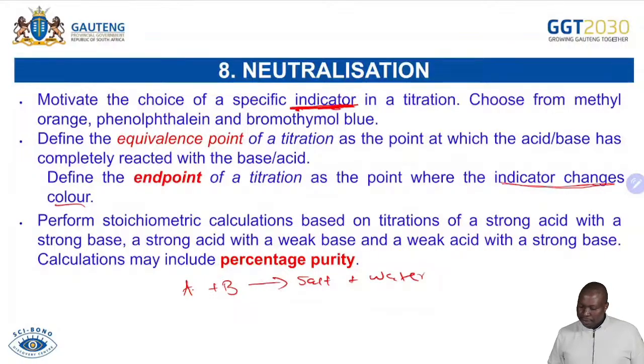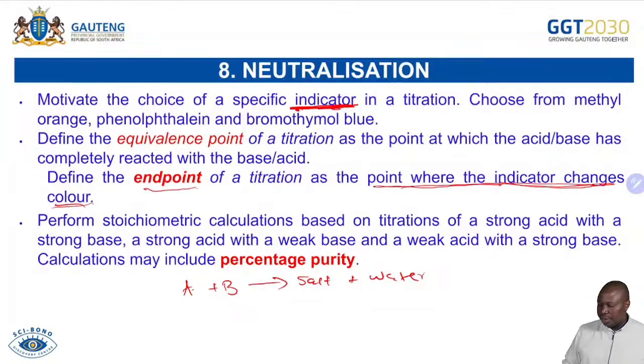When you reach the end point, immediately when you are titrating an acid with a base, the color changes because you will have put the indicator inside, it shows that now we have reached the end point. The end point is the point where the indicator changes color. So when the indicator changes color, we have reached the end point.